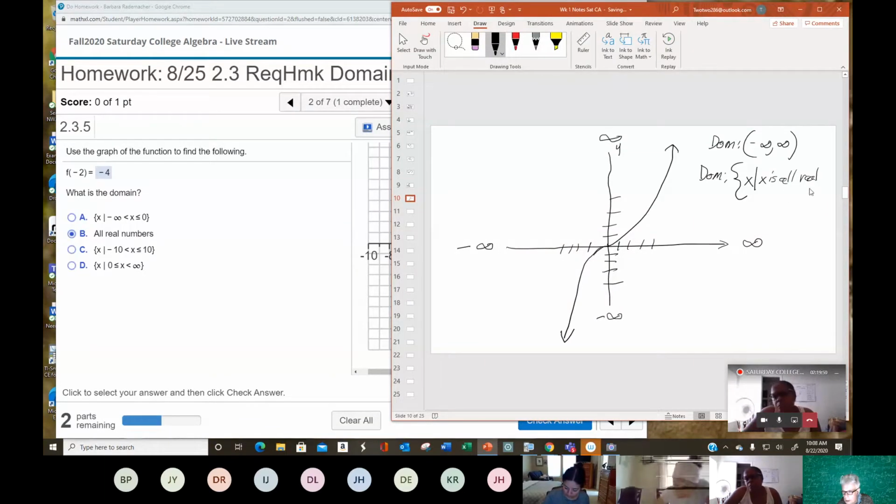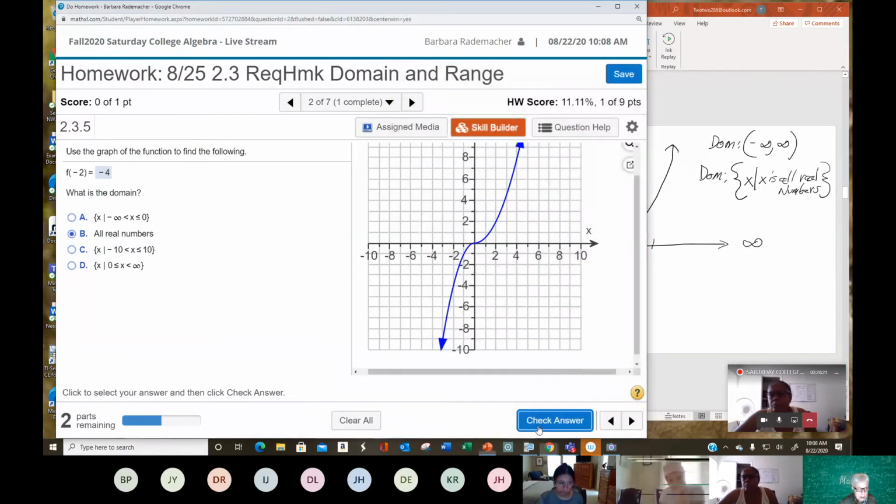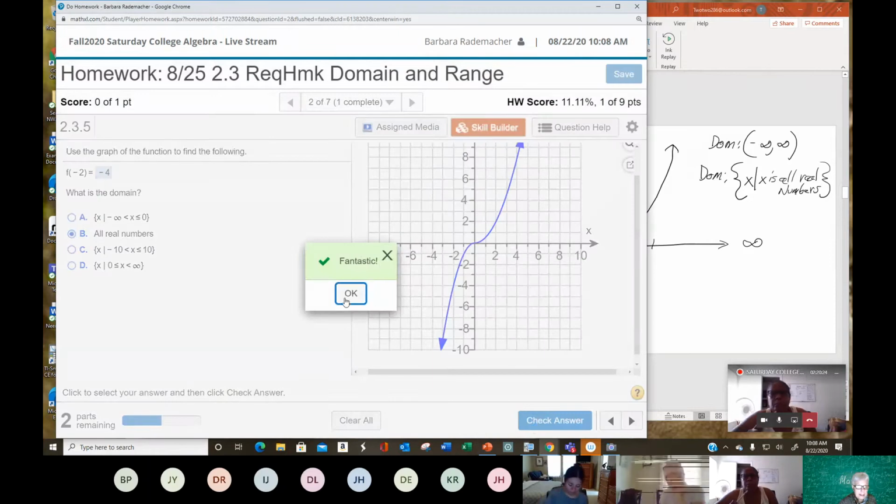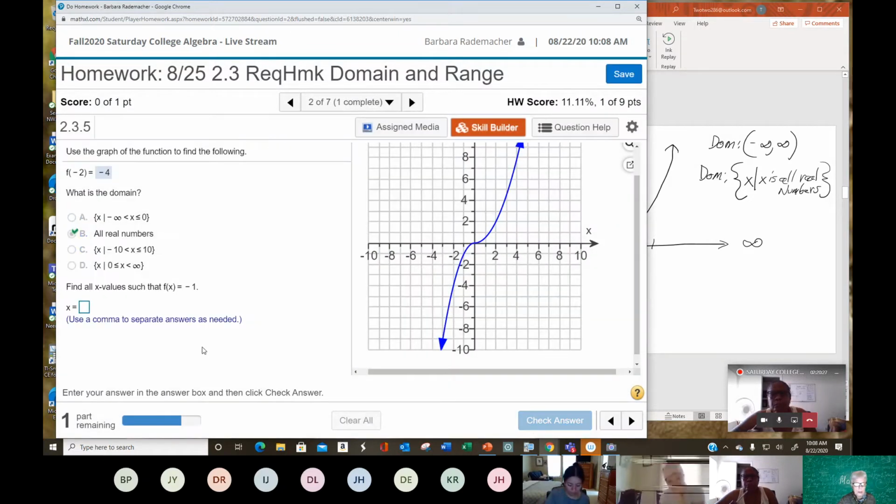Yes, but we haven't gotten there yet. Well, actually, you did in intermediate algebra, in algebra 2, but that may have been a long time ago. But only real numbers live on the x-axis and the y-axis. It's really important that you get that in there, okay? So I'm going to check and see if they like B. Fantastic. All right. So X is all real numbers.